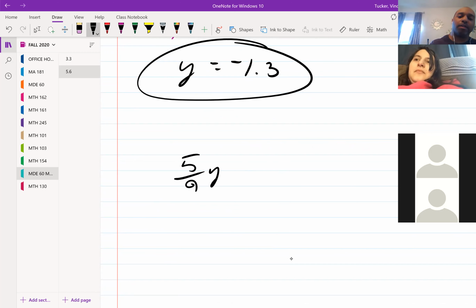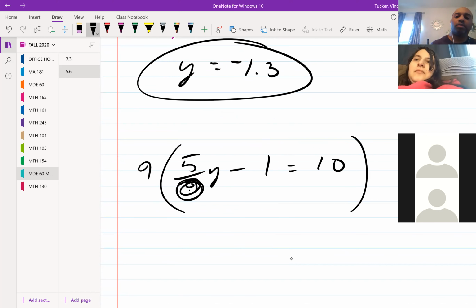But if you had -1, now you need to multiply each term by 9 so you can cancel out this 9 down here. Okay, got it. Remember that was when we were talking about clearing out a fraction. We had to find the LCD and multiply each number by the LCD. Okay, which would be 9.